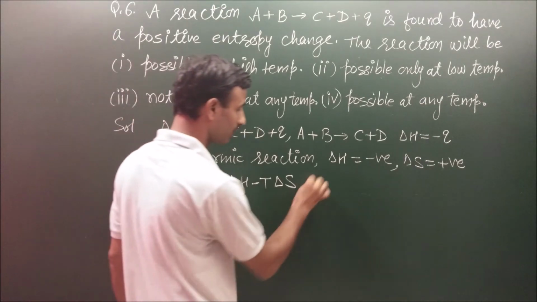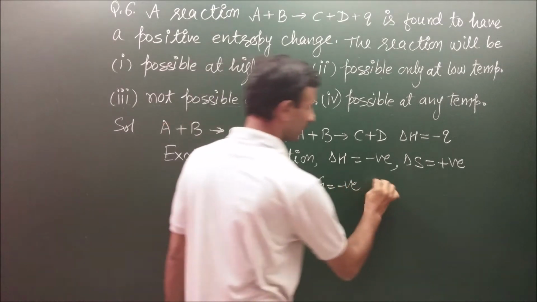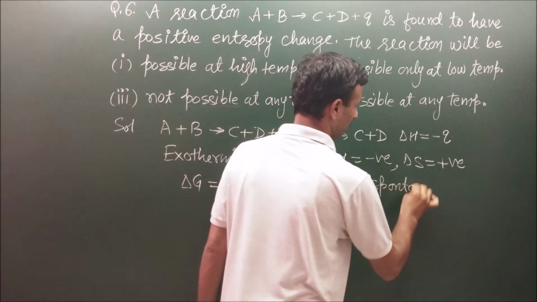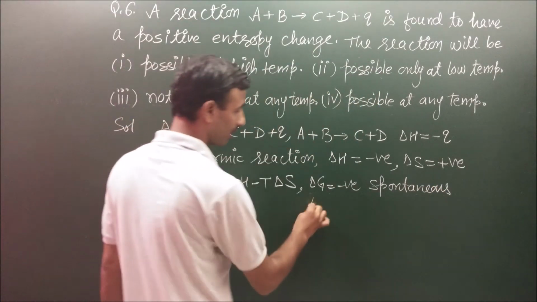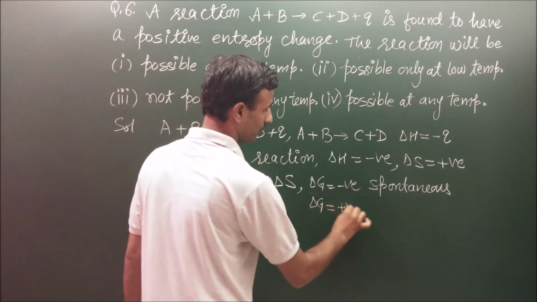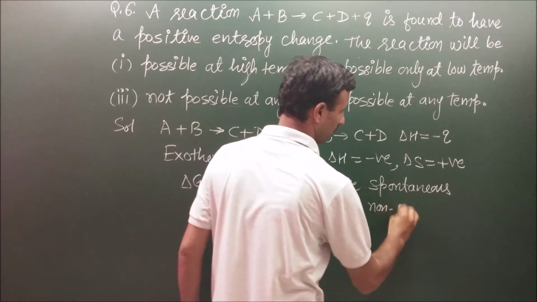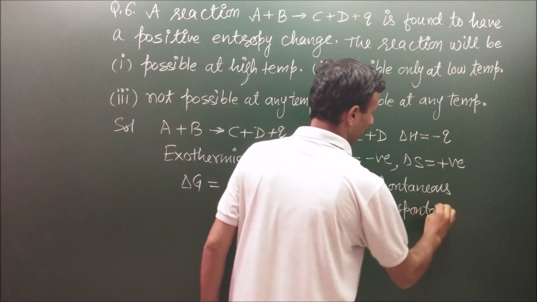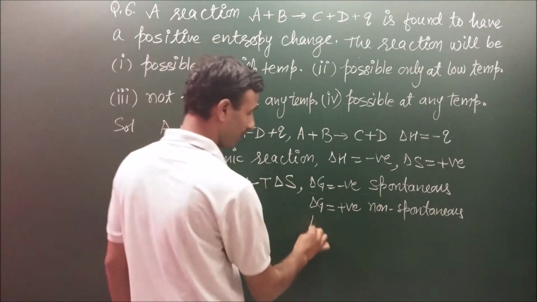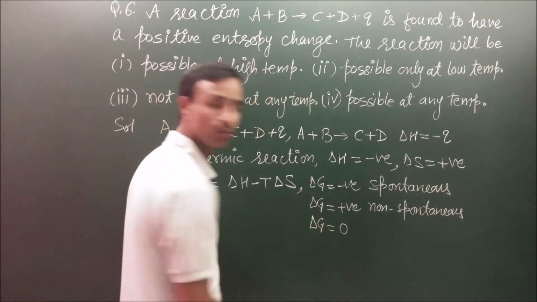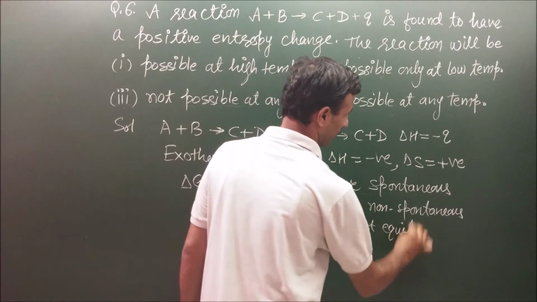According to this equation, if delta G is negative, the reaction is spontaneous. If delta G is positive, that means the reaction is non-spontaneous. And if delta G is 0, it means the reaction is at equilibrium.